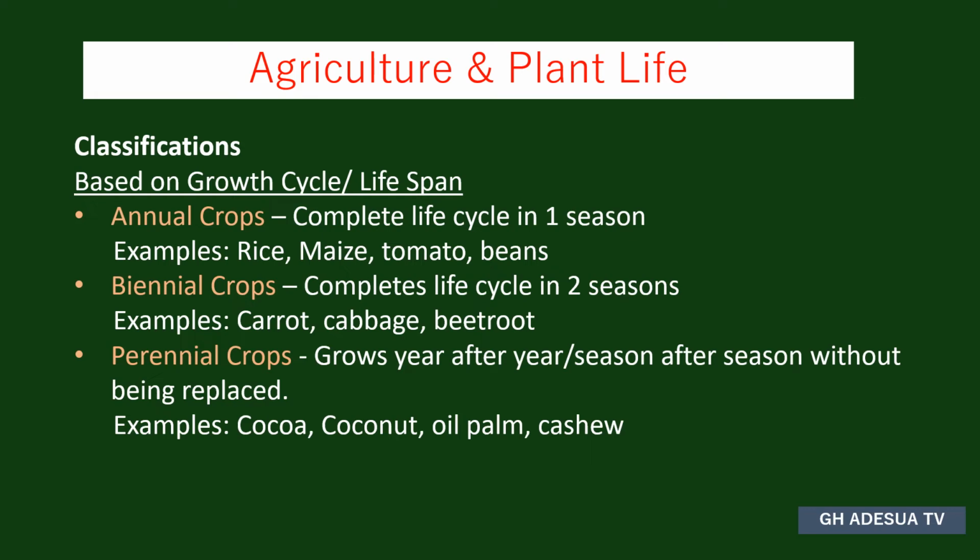Then we have the perennial crops. Now crops such as cocoa, coconut, oil palm, cashew, they are grown once, but every year or every season they produce their fruits, and these are called perennial crops.